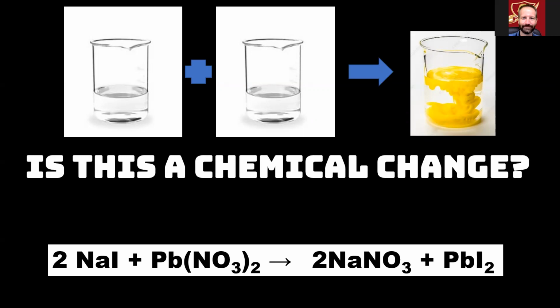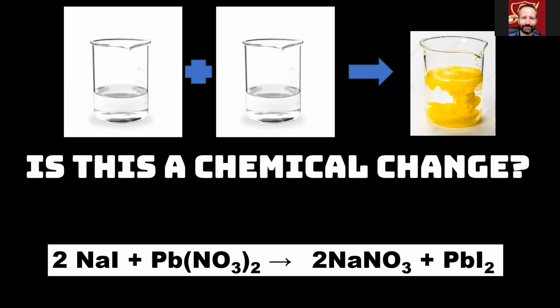For the Pb and NO3 to end up in separate spots, what do I have to do to make that happen? Break the bond. For the Na and the NO3 to come together, how do they stick together? They form a bond. For the Pb and the two I's to come together, what are they doing? Forming a bond. So this is a chemical change because I am breaking bonds and forming bonds.